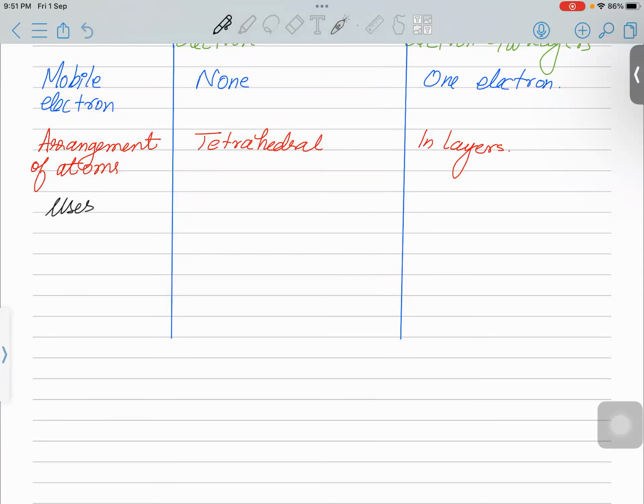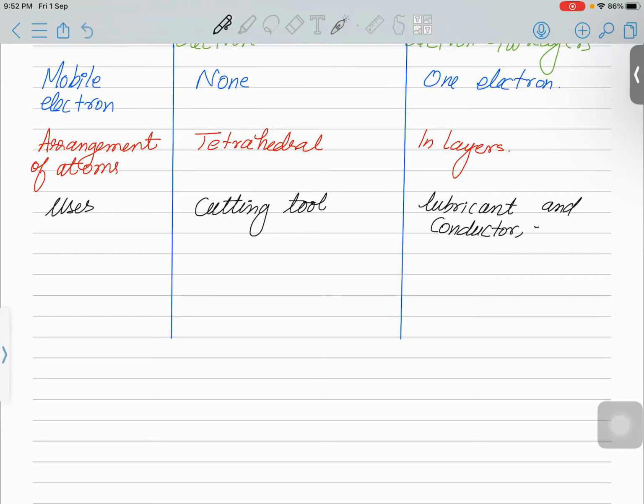Diamond is used as a cutting tool, while graphite is used as a lubricant and conductor, or as an electrode here.